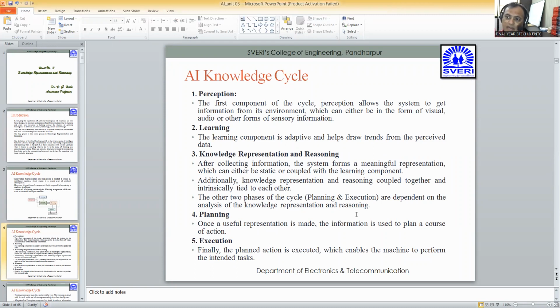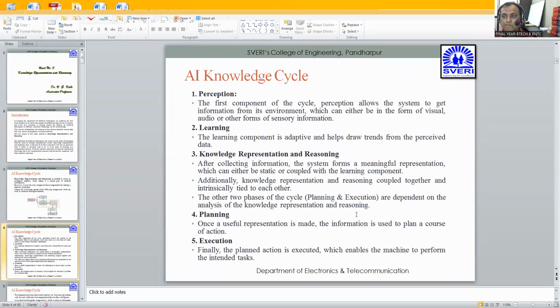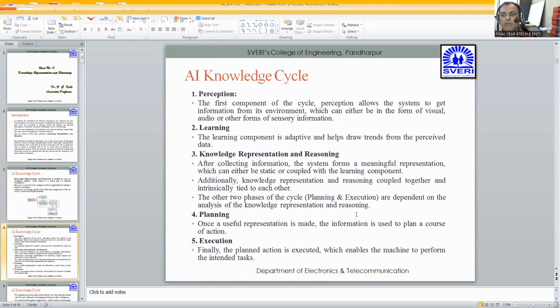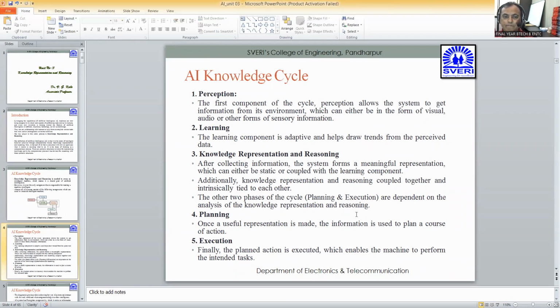It will take that information and start learning. So this is step number 2, to learn from the acquired data. We are acquiring data and we are learning from the acquired data. Right? These two things are over.